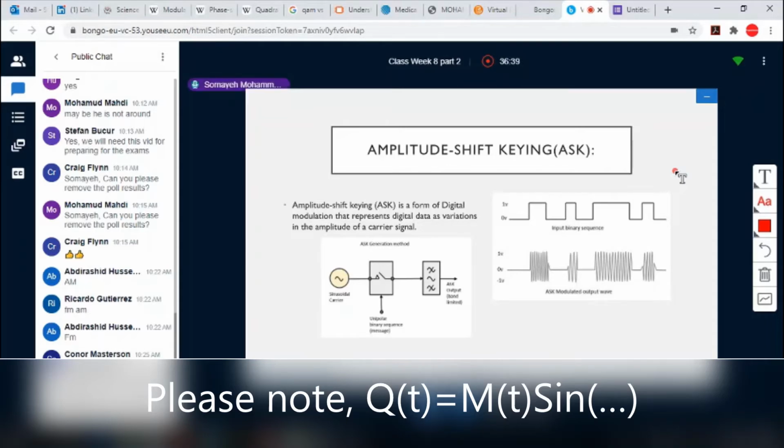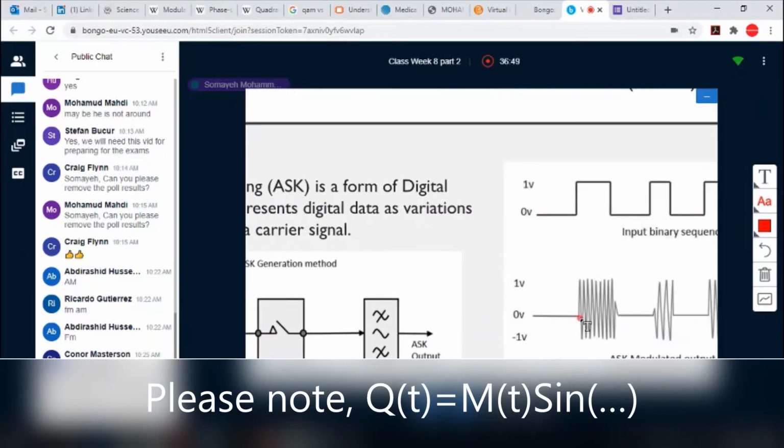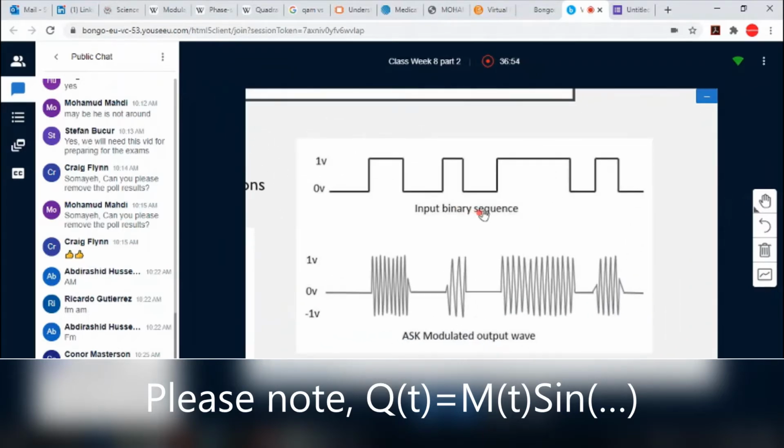So here when we have the binary data, if I want to zoom in, I'm changing the carrier signal according to it, in a way that when I have 1, I am sending the signal, but when I have 0, I'm sending nothing.